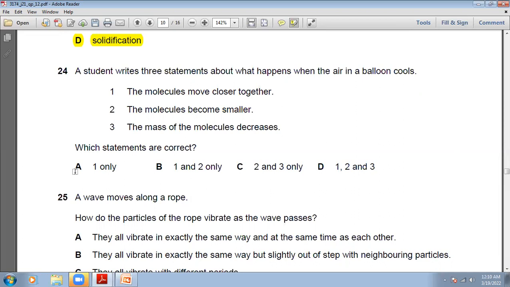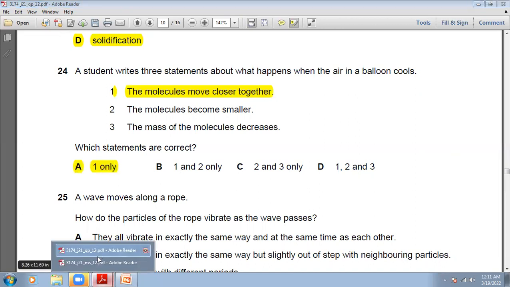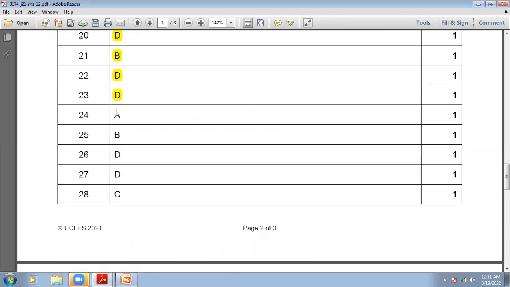No, the mass of the molecules will not decrease. The only right sentence he said was number 1. So I think A is the right option, sir. Question number 24, A is the right option, sir.